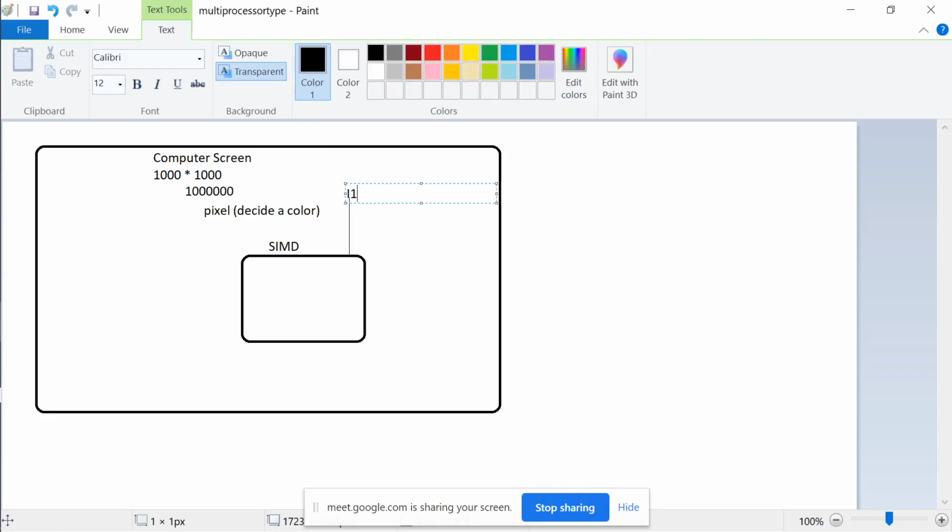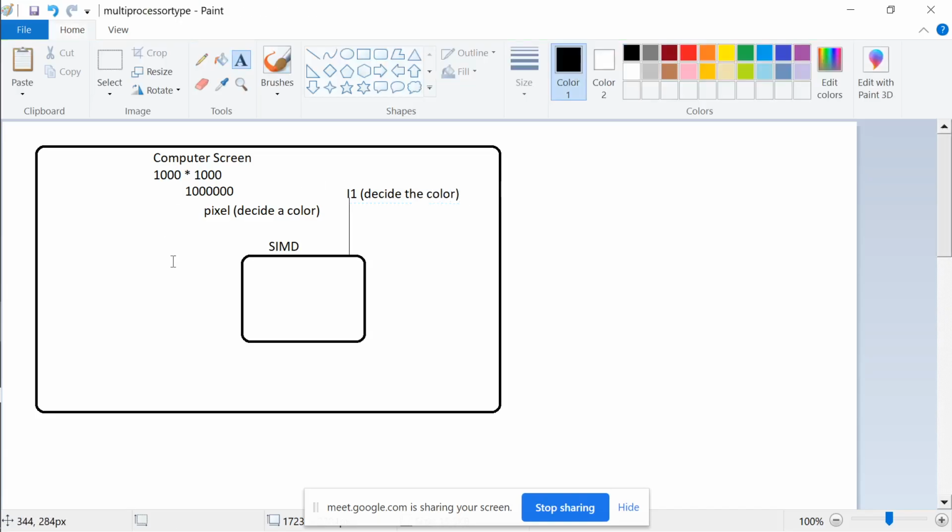Depending on the type and the capability of the SIMD processor, I may have many data lines: 1, 2, 3, 4.